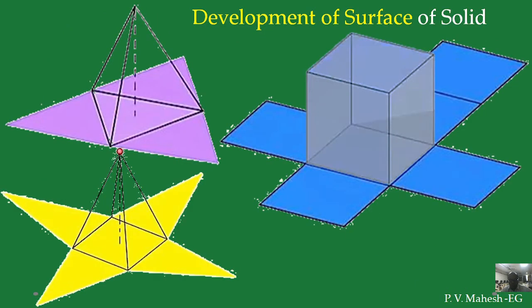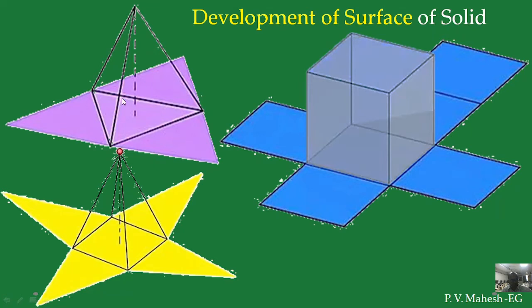Now, the development of the surface of a solid, what do we mean by that? Suppose if I cut here at these edges and open the surface, then that is called the development of the surface. So here you can see these two are pyramids and this is the cube. How many faces are there?